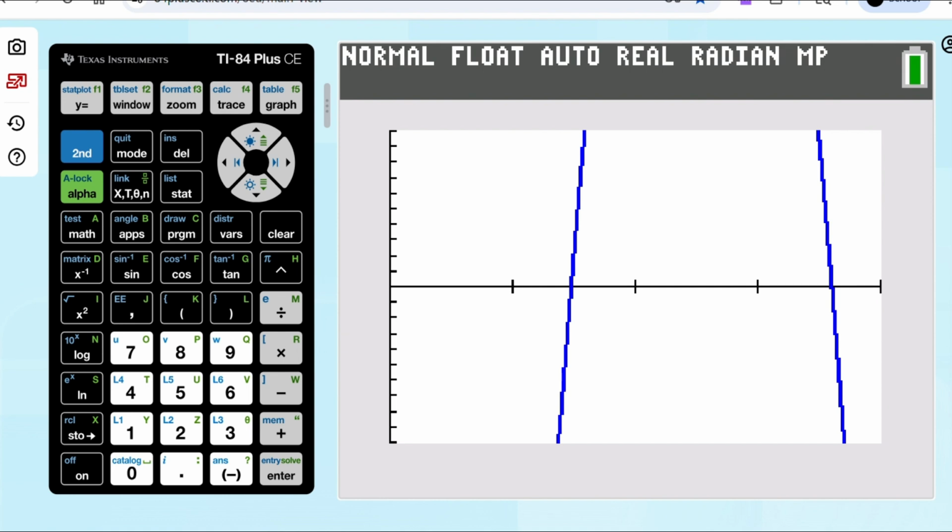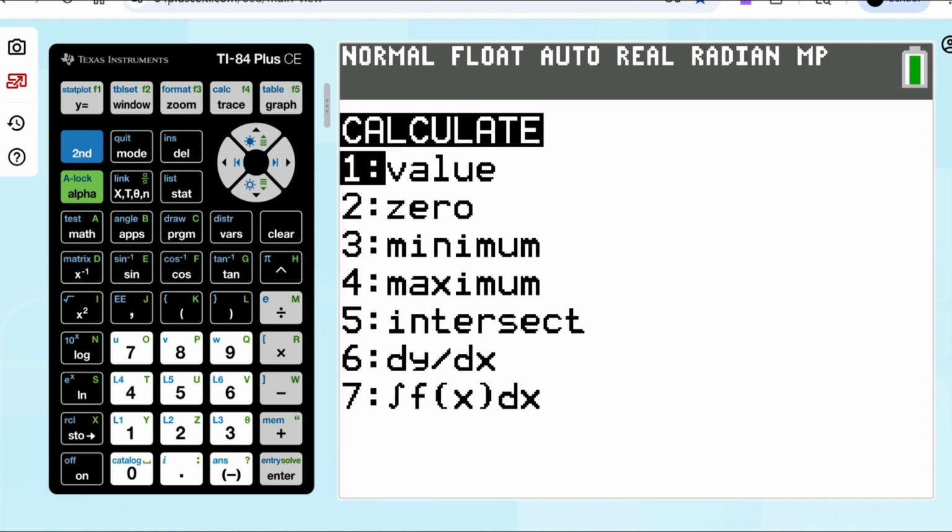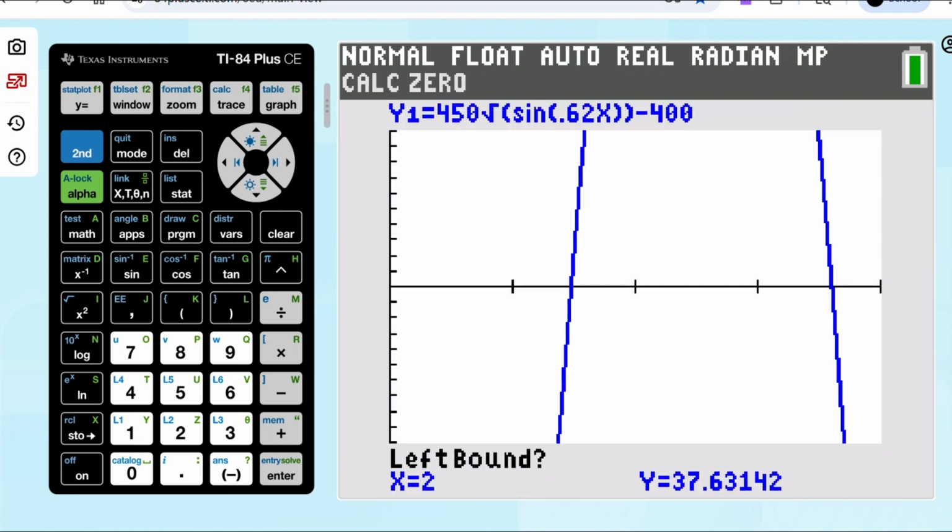And so what I'll do is hit second and the trace button, which opens up the calculate window. I want to find when it equals 0, so I'm looking for the zeros, option number 2. We scroll over to the left so we can see our cursor and make sure it's to the left of that first x-intercept. Hit enter. Then move to the right of that x-intercept.